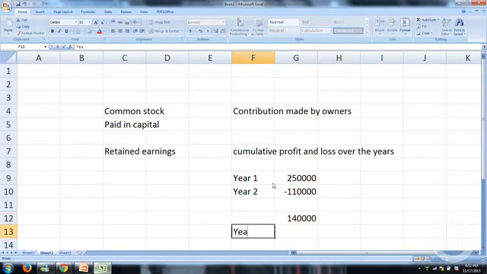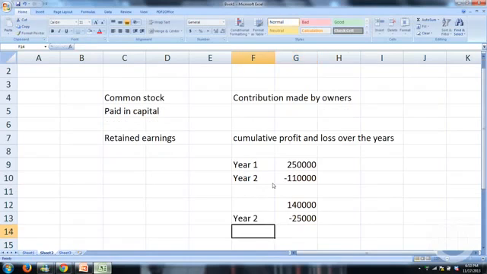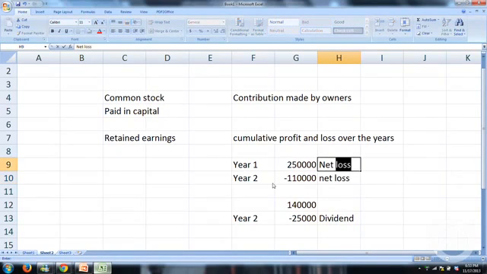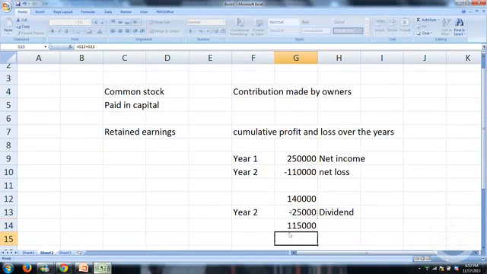Let's assume in year two, the company happens to pay a dividend of 25,000. Dividend reduces retained earnings. So this is dividend, and this is net loss, and this is net income. So now, how much is retained earnings? Retained earning is reduced by the dividend, 115.